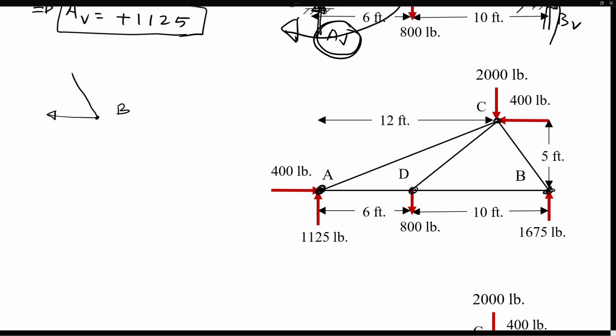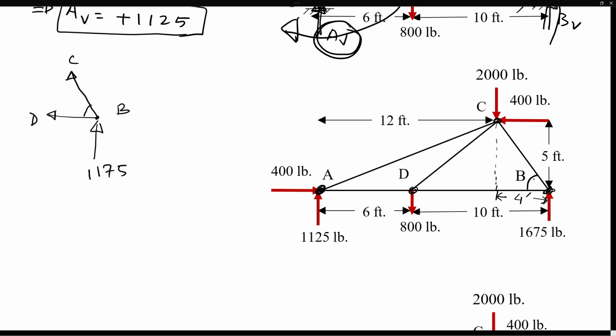And then we have this force, which is CD, and the vertical reaction at B, which we calculated as 1675. And then this angle we can calculate from this triangle. If you look at this triangle, this is 4 feet, 16 minus 12.